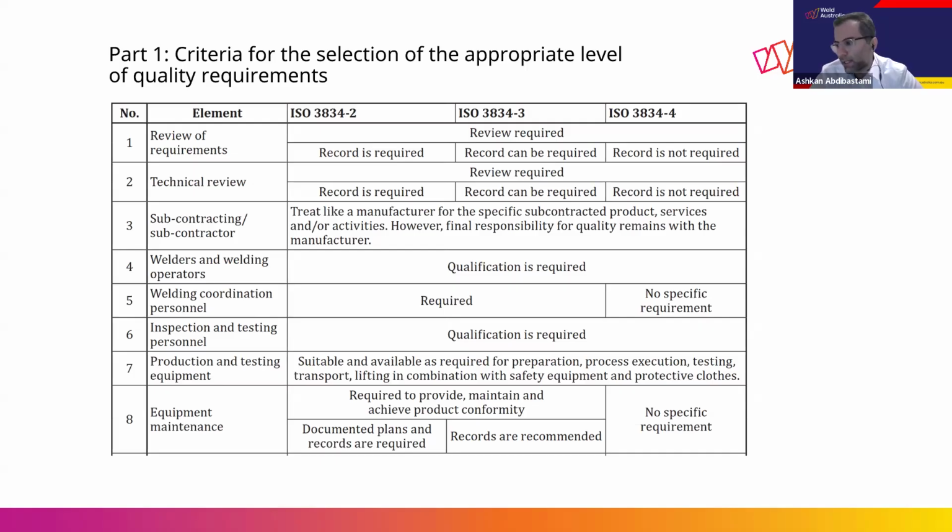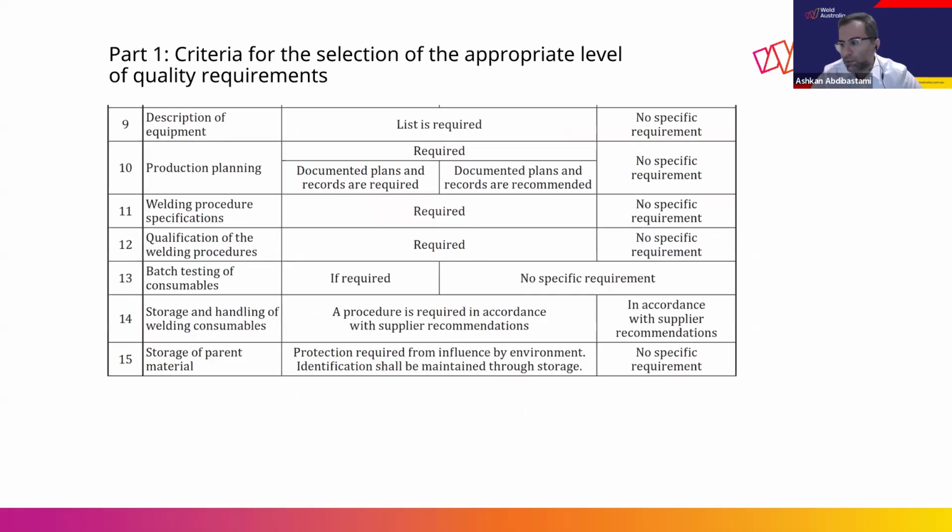Annex A of this part is especially useful. It shows what QA documentation is needed at each certification level. For example, Part 2, the comprehensive level, requires extensive quality records.